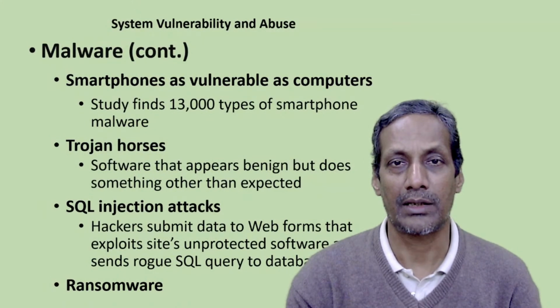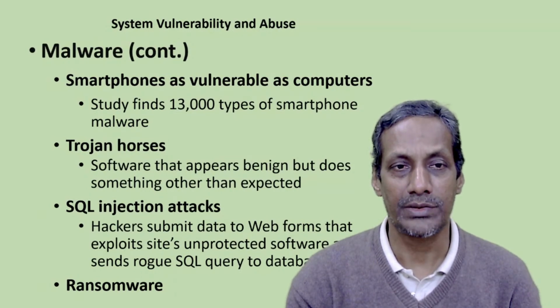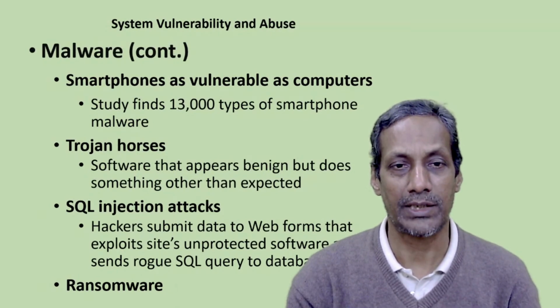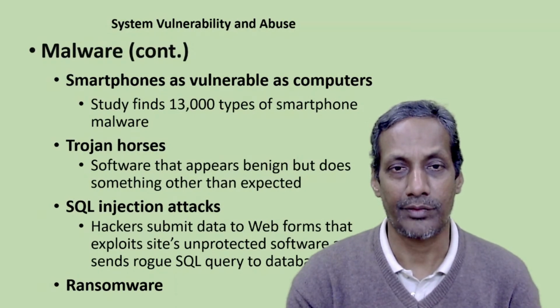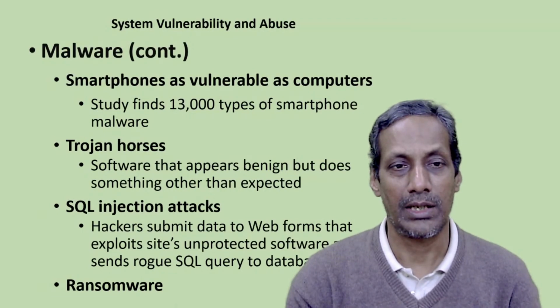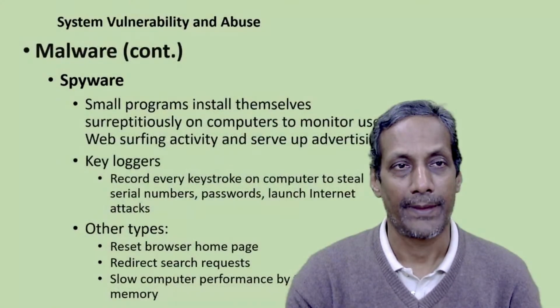Smartphones are as vulnerable as computers. Trojan horses are software that appears benign but does something other than expected, which can hamper the activity of the information system. You can have SQL injection attacks or ransomware.